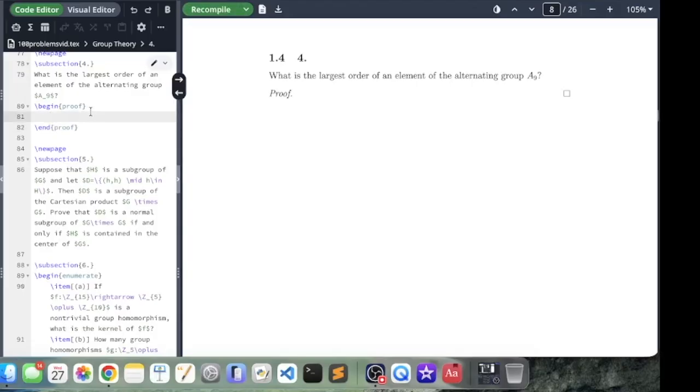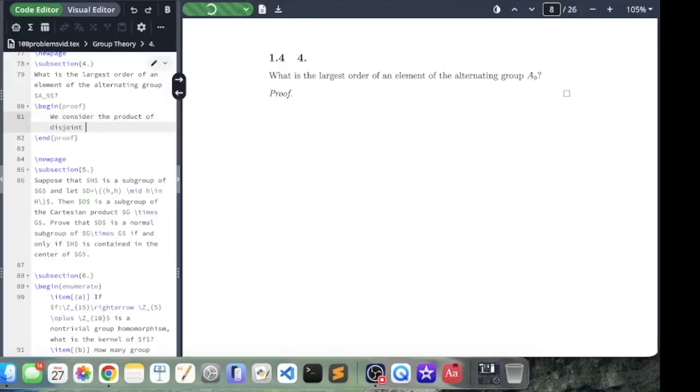Okay, so we consider the product of disjoint cycles in A9.